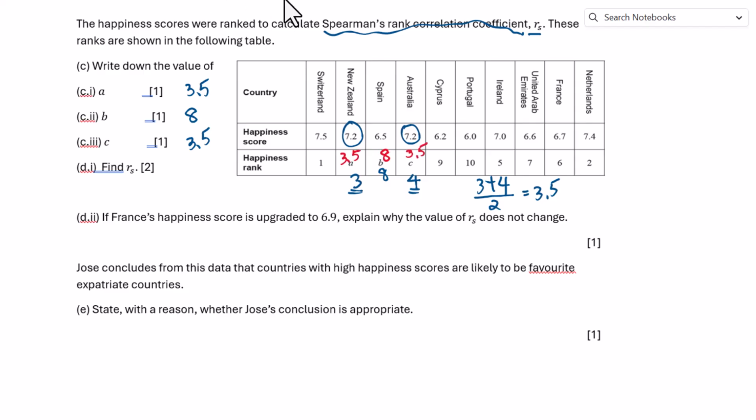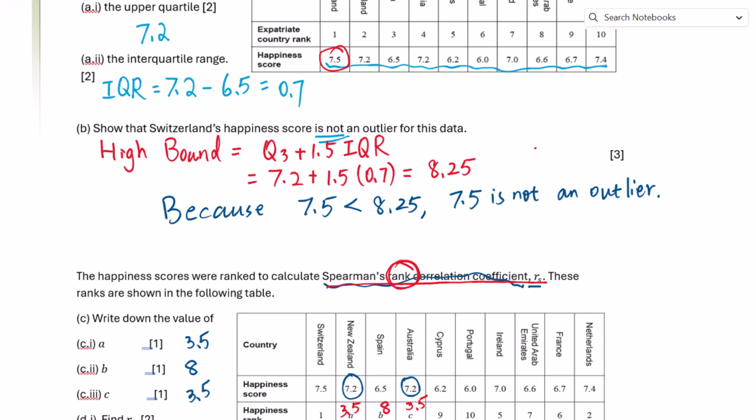Find r sub s, which is Spearman's rank correlation coefficient. Rank means you have to put the values of ranks. Let's go back to this expatriate country rank.